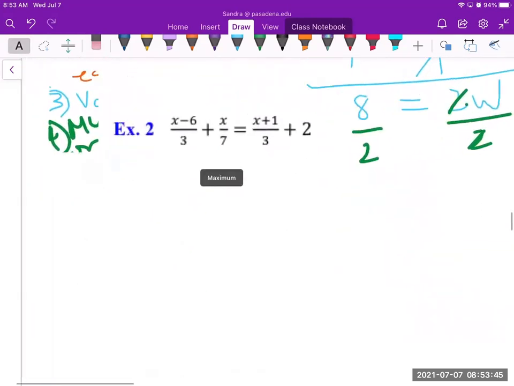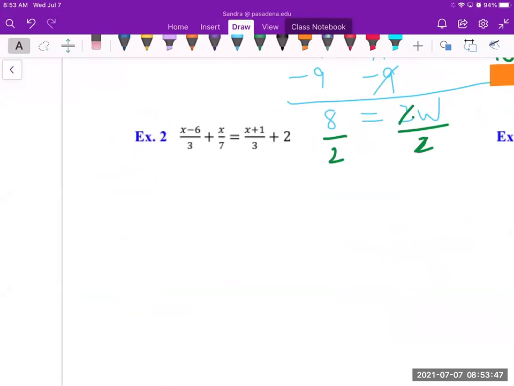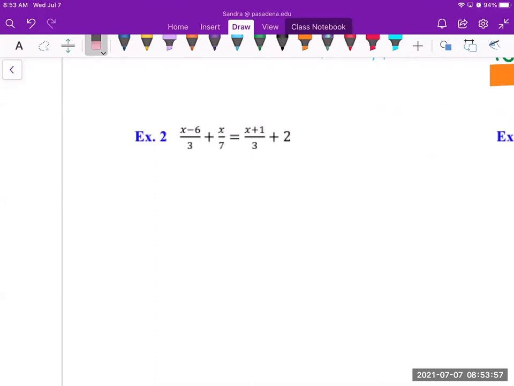Okay, so here we go with this here. I'm going to get started right here. I have a fraction. The first thing I want to do is get rid of that fraction. The way we're going to get rid of this fraction is by multiplying by the LCD. So I need to find the LCD of my denominators.